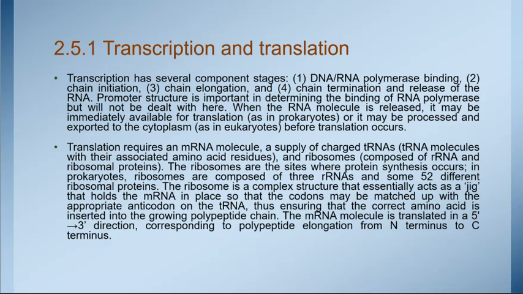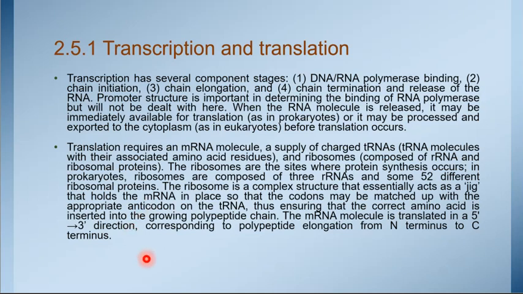Translation requires an mRNA molecule, a supply of charged tRNAs, tRNA molecules with their associated amino acid residue, and ribosomes composed of ribosomal RNA and ribosomal proteins. The ribosomes are the sites where protein synthesis occurs.